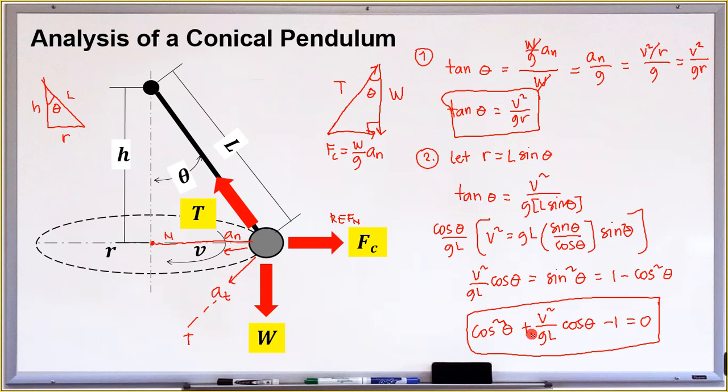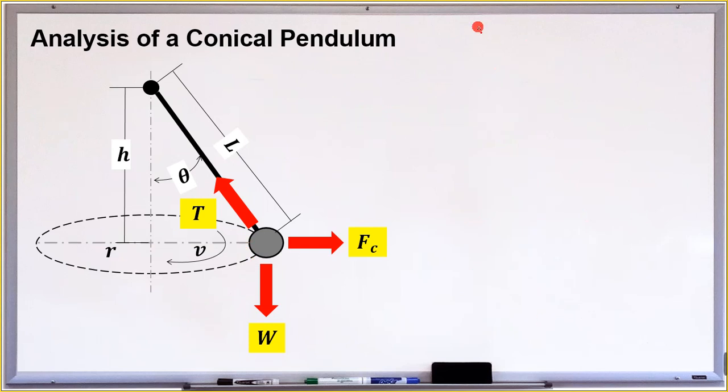So this is another formula for the conical pendulum. So we have the first formula, the second, and let's derive the third part. So number 3, again let's draw it. We have the tension, we have the weight, we have the centrifugal force, which is equal to W over g times the normal acceleration.